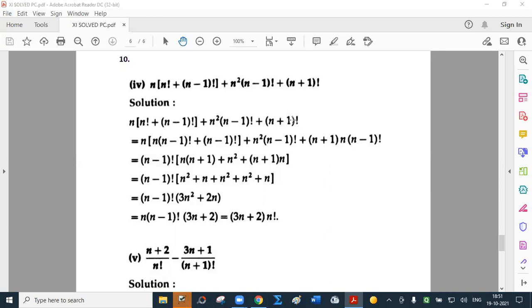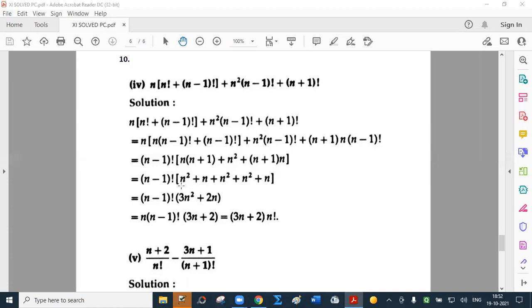Now what is n plus 1 factorial? See the cursor: factorial of greater is factorial of smaller, n minus 1 factorial, go on adding 1 unless you get the greater. So n plus 1. Now from all these, n minus 1 factorial can be taken common. So what remains is n into n plus 1, plus n square, plus n plus 1 into n, because I have taken n minus 1 factorial common.